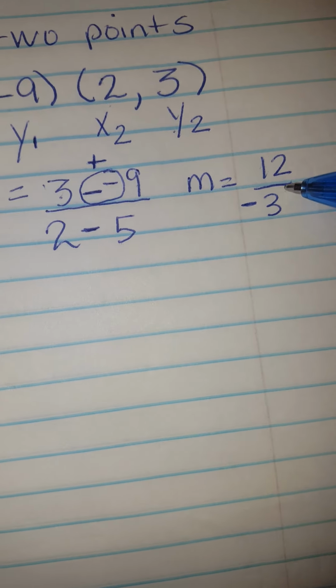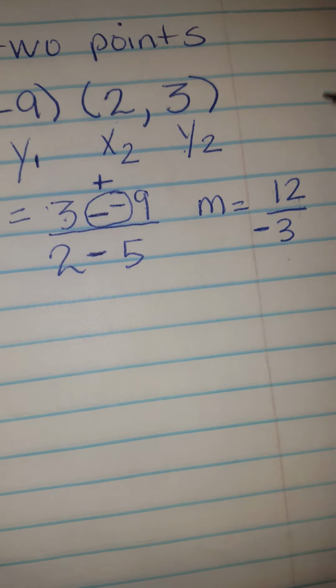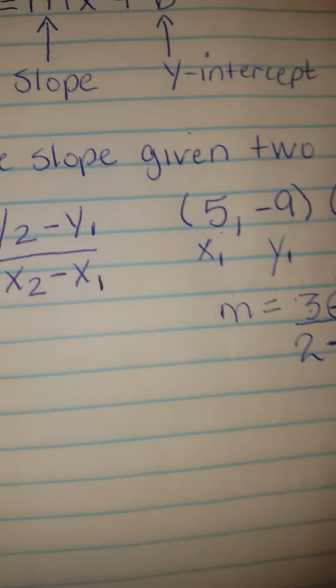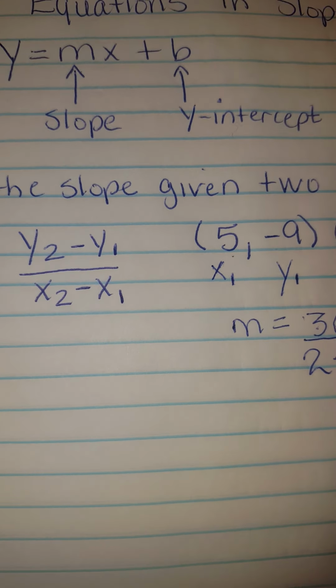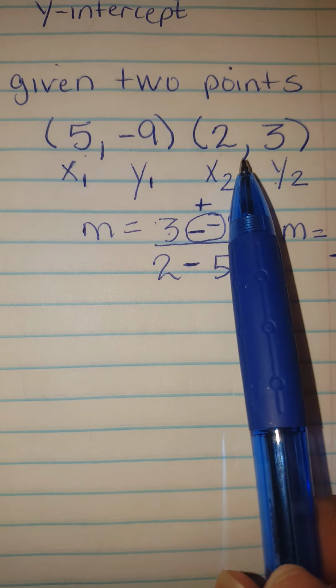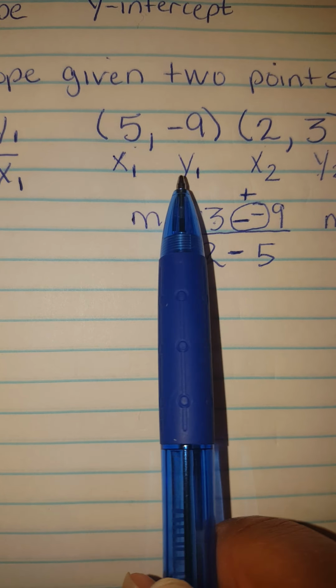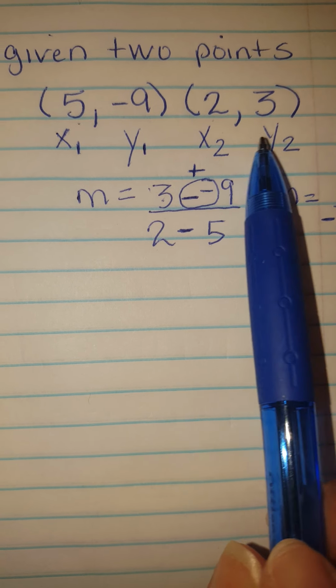So since 12 over negative 3 can be reduced, we need to reduce this, and that gives us a slope of negative 4. So that is our slope. When you are finding the slope given 2 pairs of points, as we have been given right here, the first thing you have to do is label them x1, y1, x2, y2.